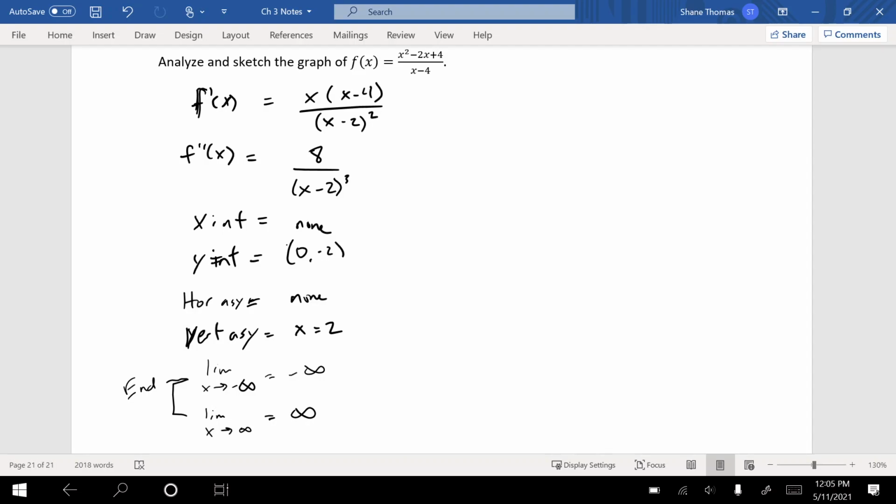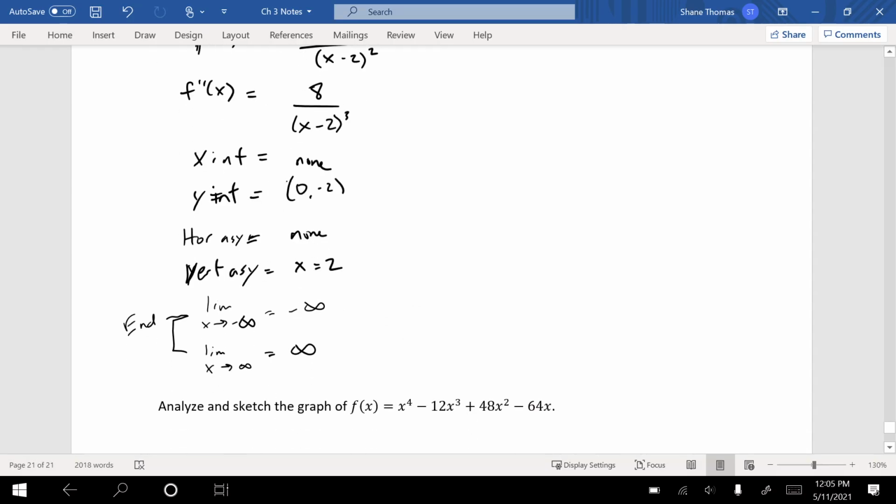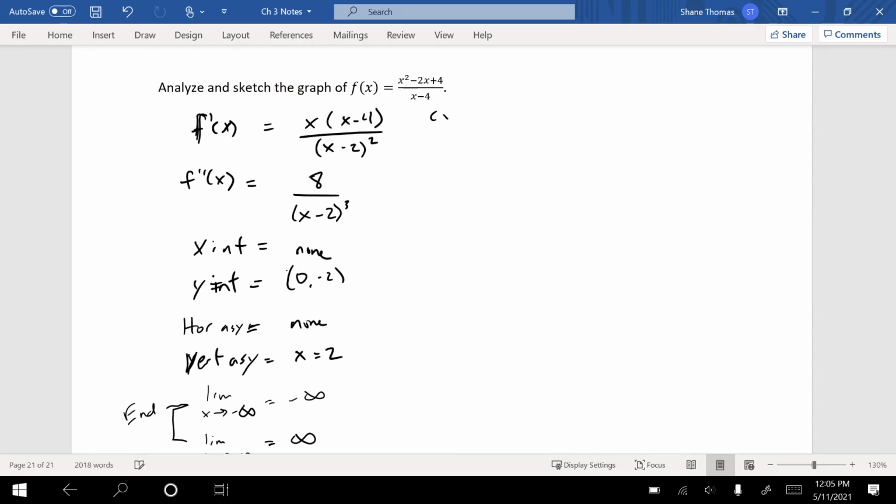On top, if I have a 4, 4 minus 4 would be 0, so that would be a critical value. So my critical values are going to be x equals 0 and x equals 4. Those are the values where f prime of x would be equal to 0.